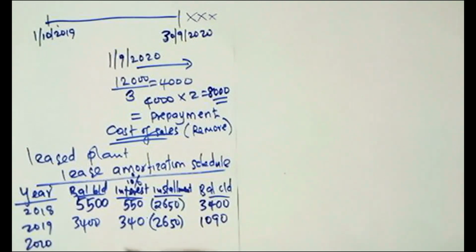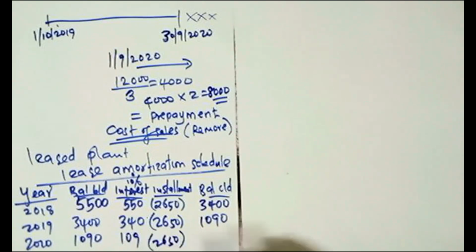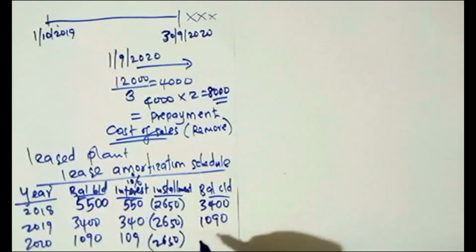Then we have 2020, 1090. So this one will be 109. So 2650. So 1090 plus 109 minus 2650. So remember, this one is becoming even a negative.